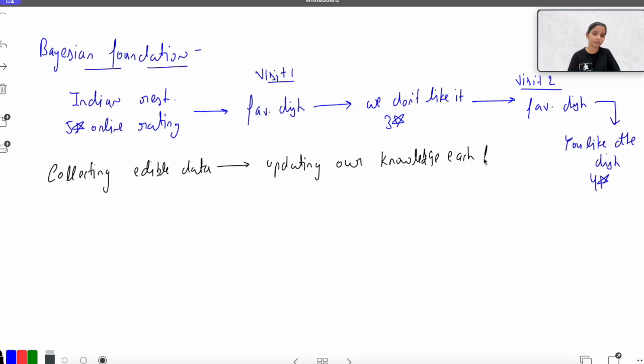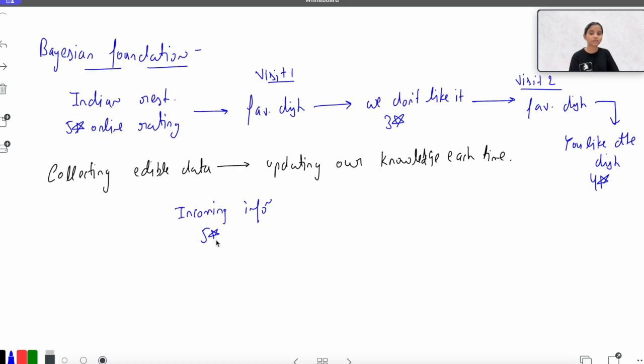How? Let's see. What was the incoming information? At first, you have the information that there is a very beautiful restaurant that has opened recently and it has a 5-star online rating. That is your incoming information.